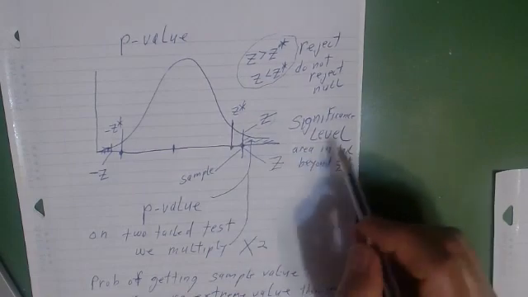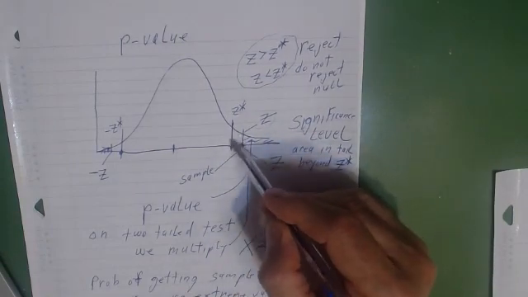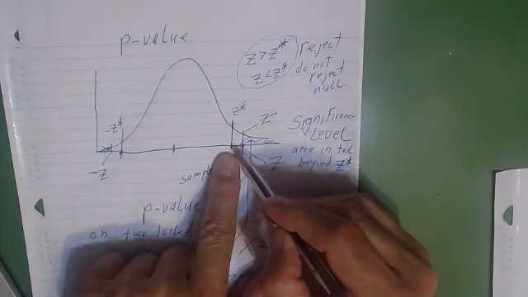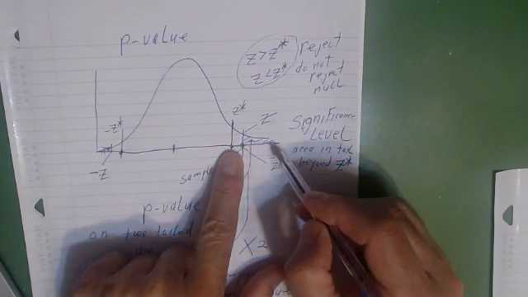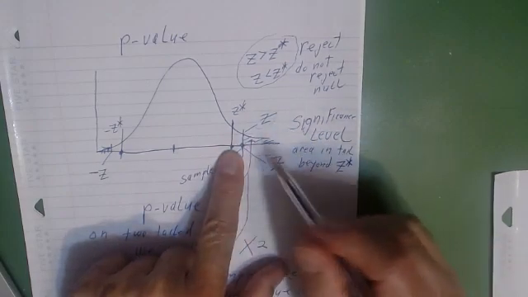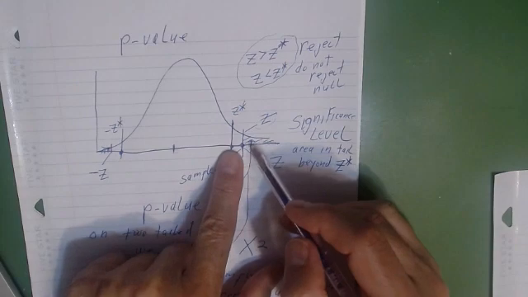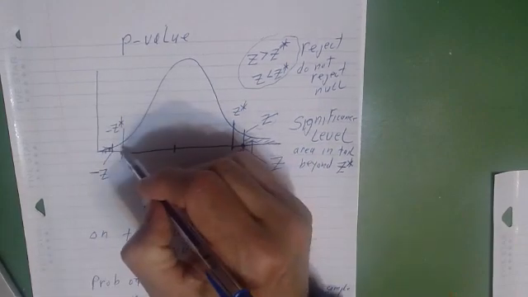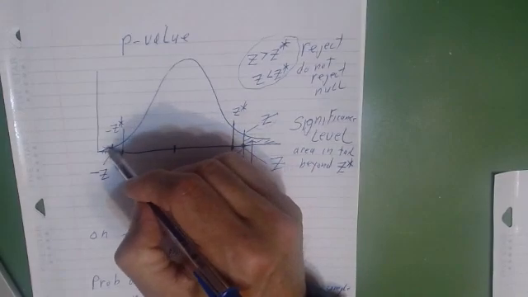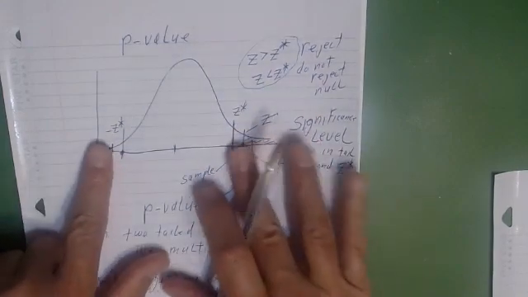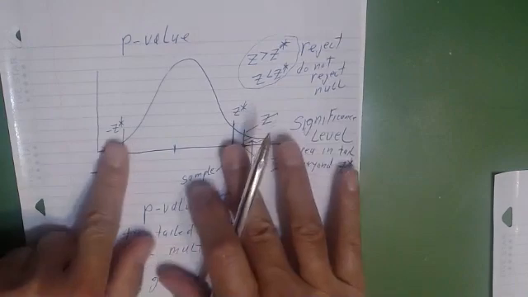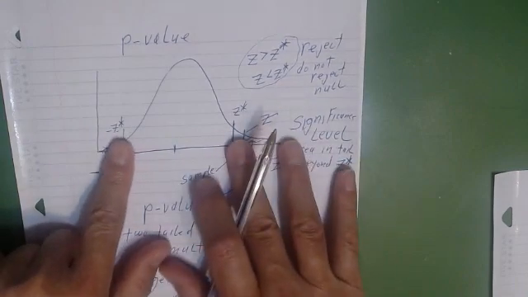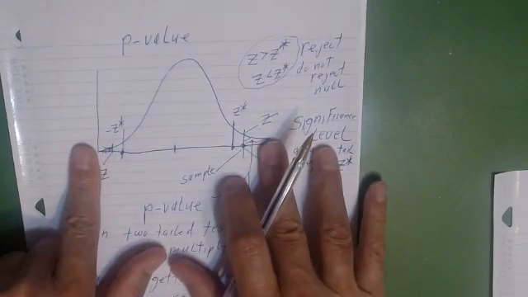You start at z star and you get this total area here. But in a two-tailed test, you have to multiply by 2 because it's this area plus this area from negative z star. So both of these areas outside of z star and negative z star make up the significance level.